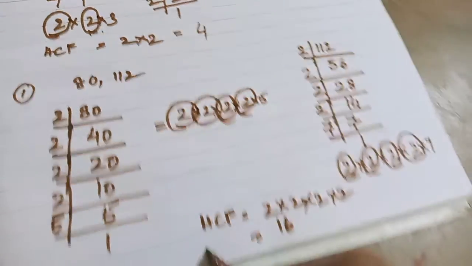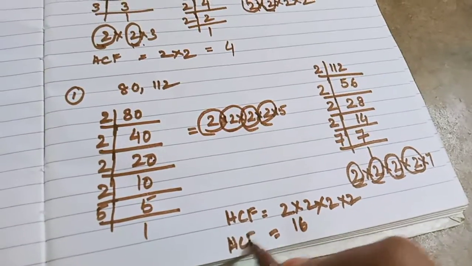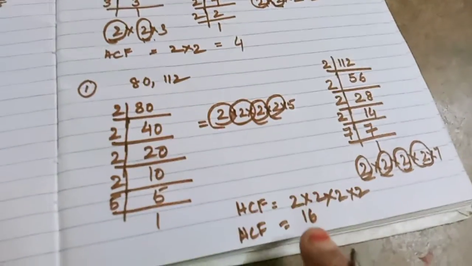So the highest common factor of 80 and 112 is 16.